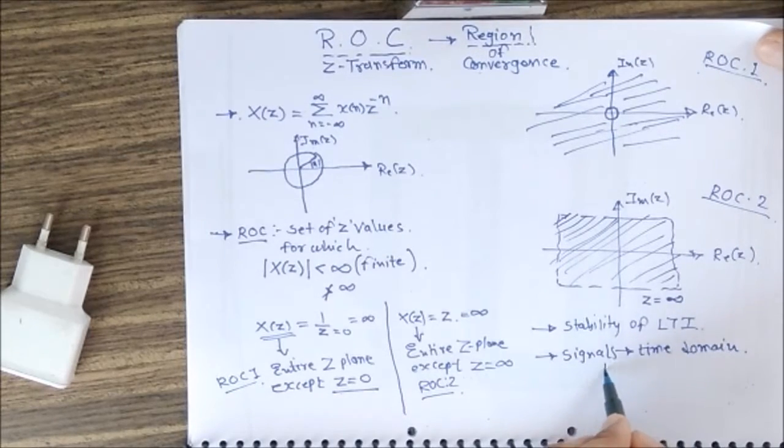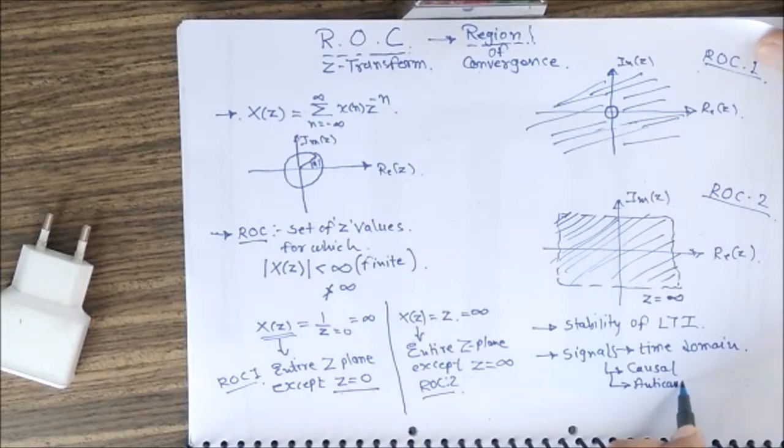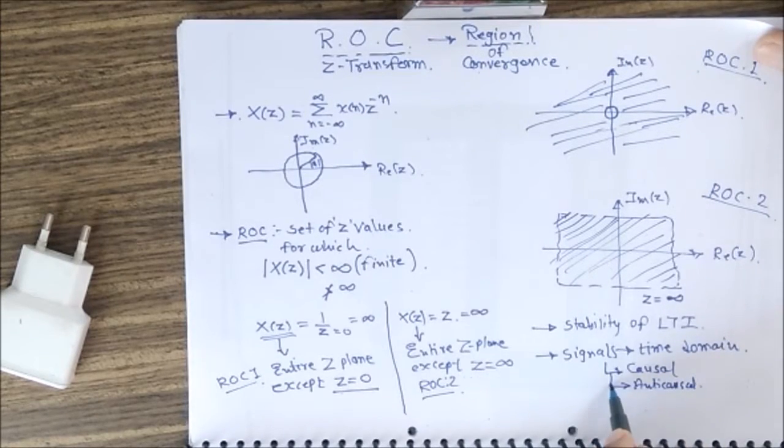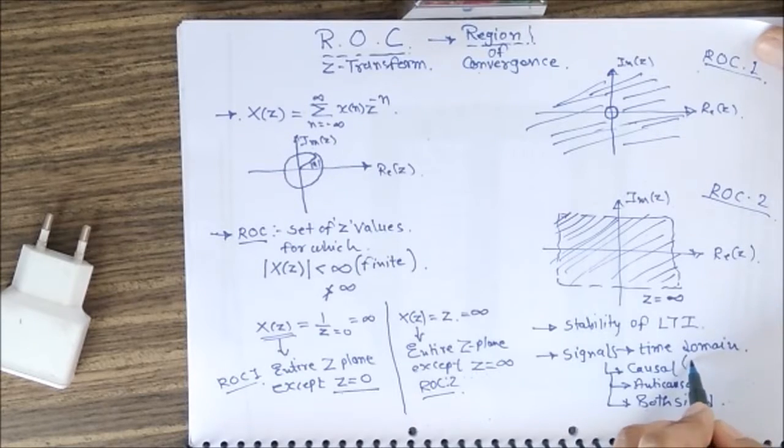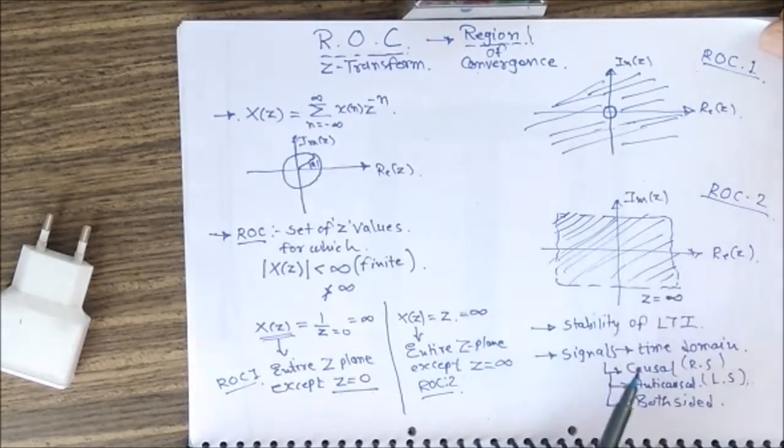For example, the signal could be causal or anti-causal, or a combination of both, causal as well as anti-causal. We say both-sided. Causal means right-sided, anti-causal means left-sided sequences. So we can easily comment from the ROC on the stability of the LTI system and on signals in time domain, say causal, anti-causal, both-sided, and so on.